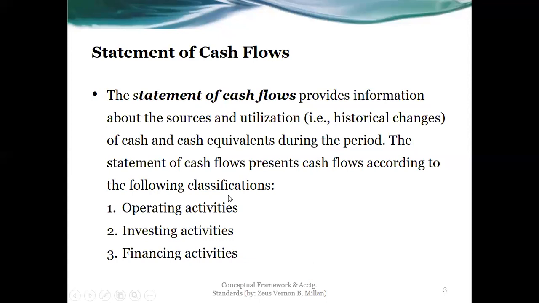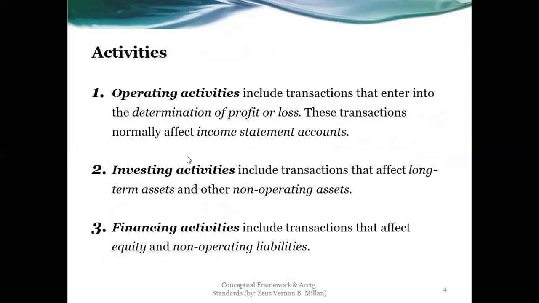Then the statement of cash flows presents cash flows according to the following classification. So we have here the three activities: operating, investing, and financing activities, respectively. And then we have the activities being discussed here. If we say operating activities, this has to do with the normal or routinary business activities.